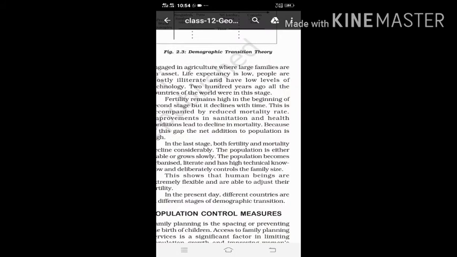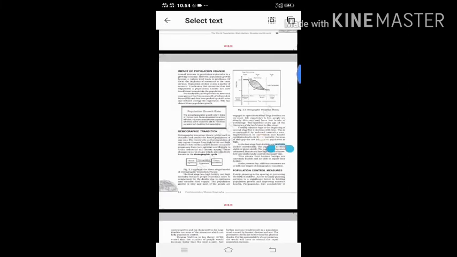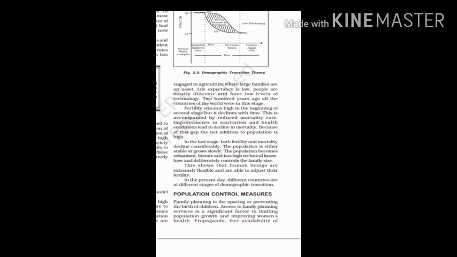In the second stage, fertility remains high in the beginning of the second stage, but it declines with time, because technology has improved and people are getting educated. And in the third stage, both fertility and mortality rate have declined considerably.